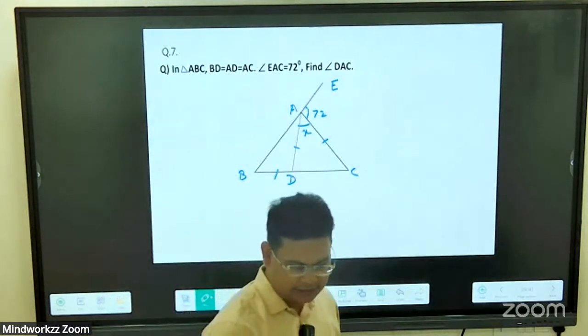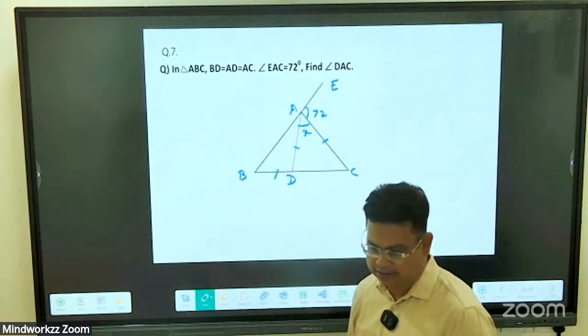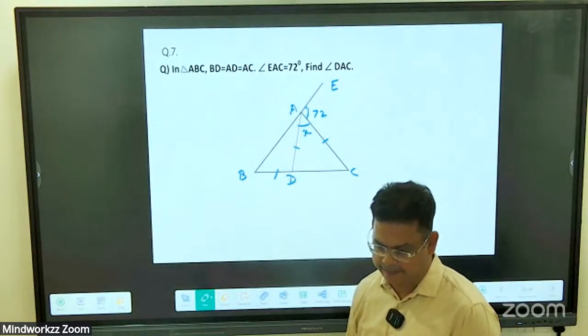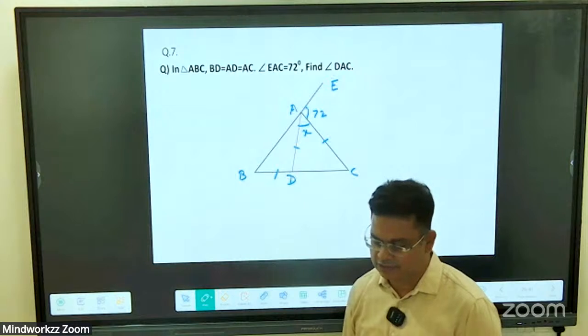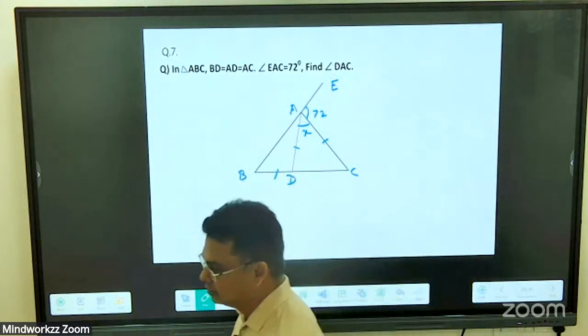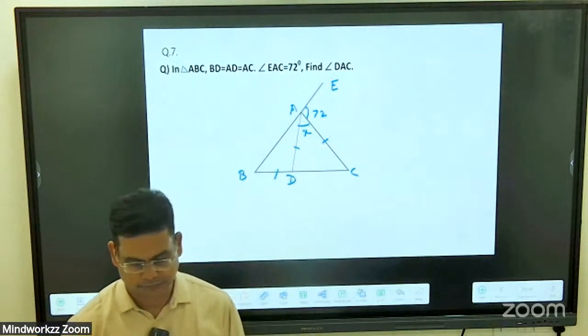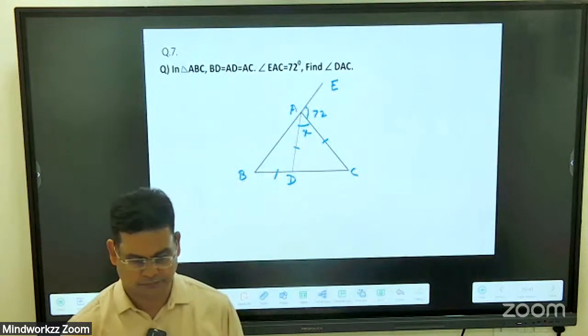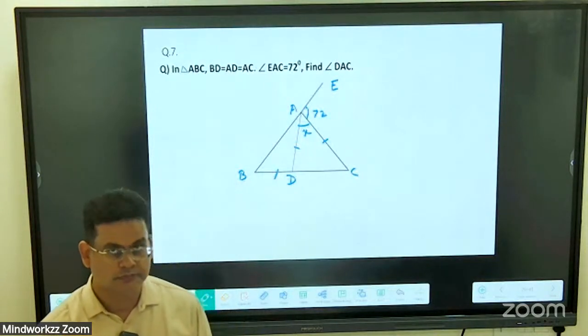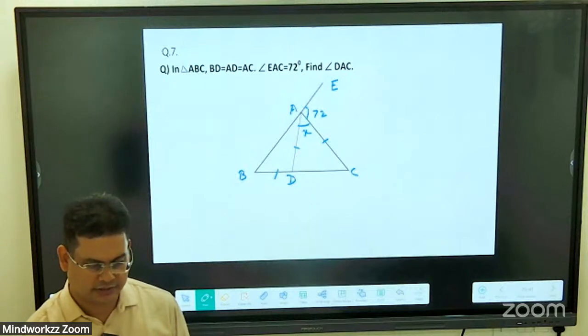I have marked the diagram for you to make it a little easy. But this information was given, you can also mark it. Try to solve this question. You have 2 minutes. It's a CAT level question.